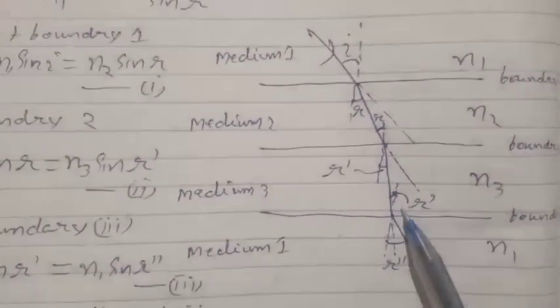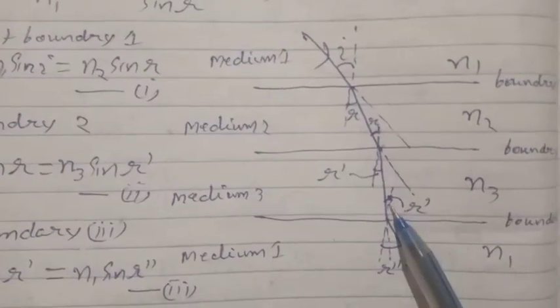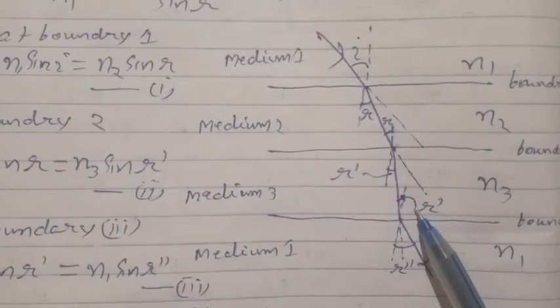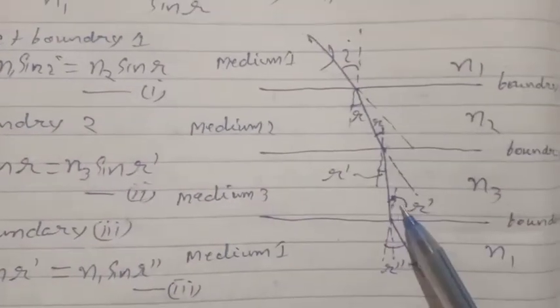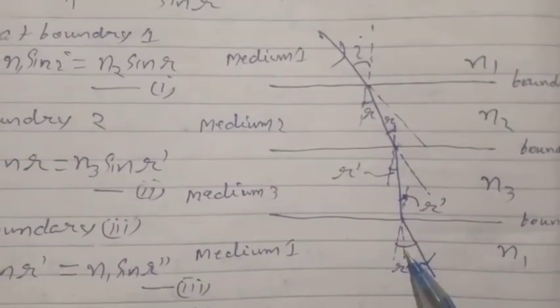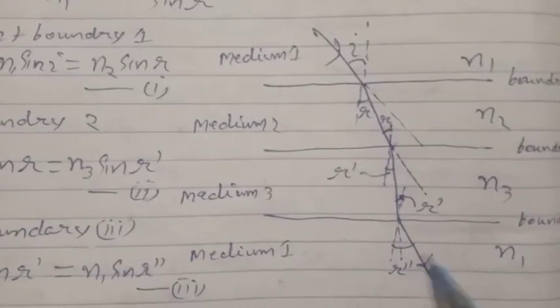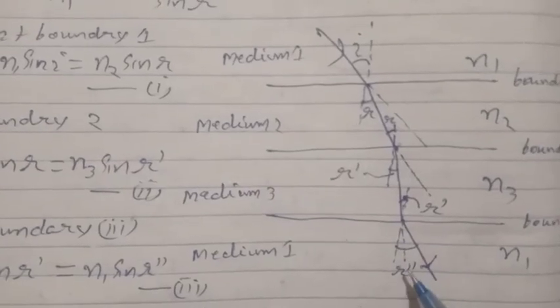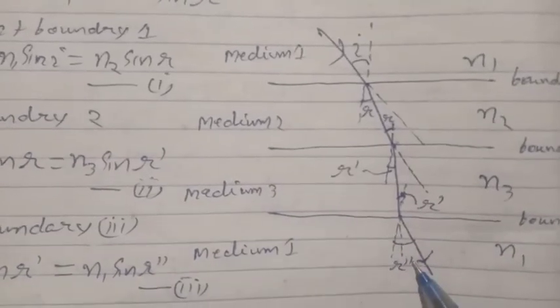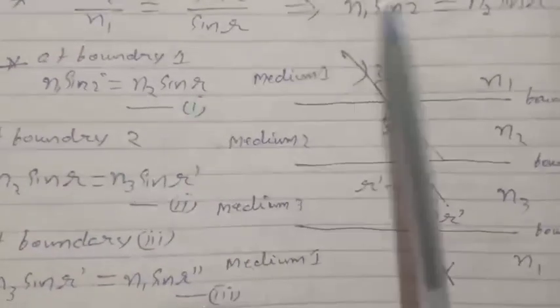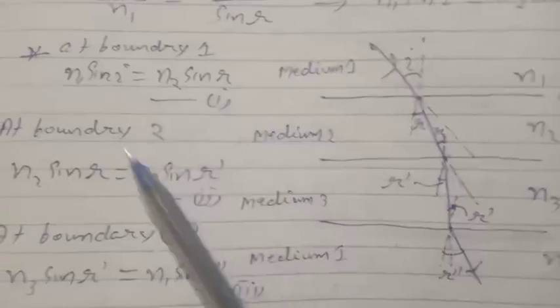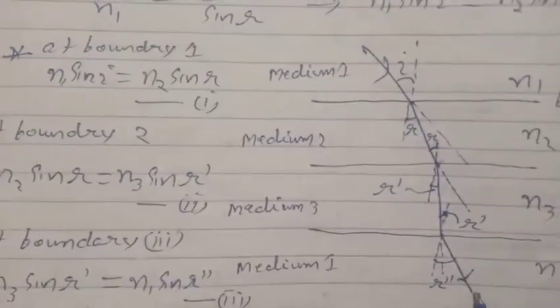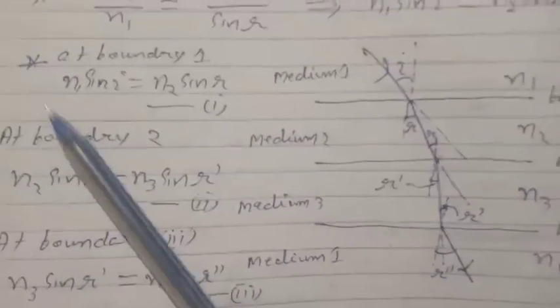And again for the third boundary, this shows the angle of incidence, and this is the angle of refraction. And finally, because it comes out into the same medium, this is the angle of emergence. So we can apply our formula to derive a relation between these media.